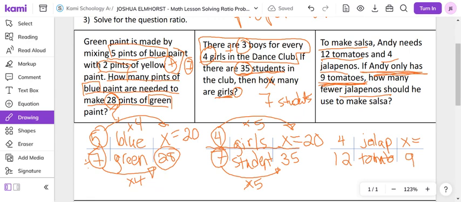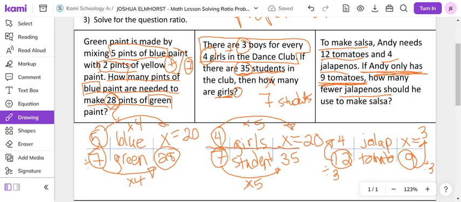Now, factors are probably not necessarily going to help. There's 2 ways to do this. Well, we can look within. 12 divided by 3 is 4. So then we can actually use that over there. So 9 divided by 3 would give us 3. So how many fewer jalapenos should he use to make the salsa?